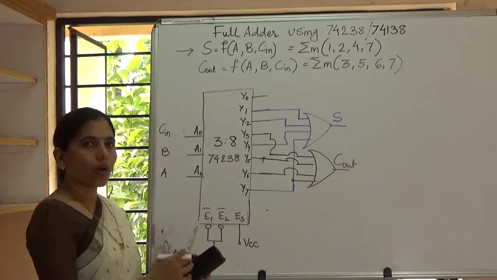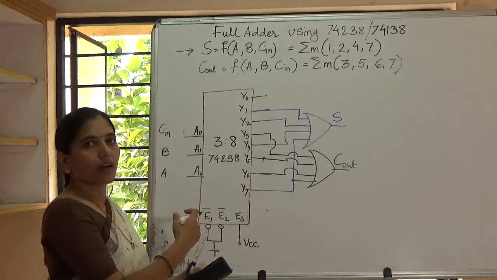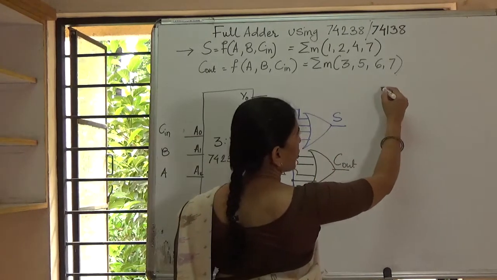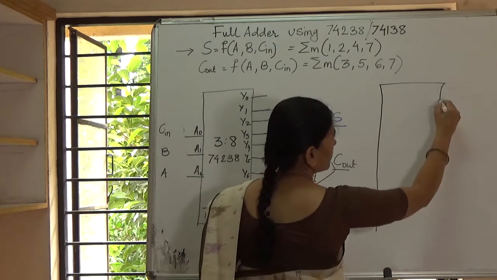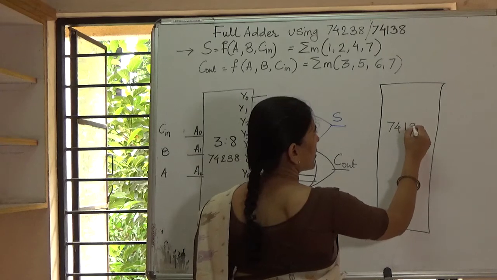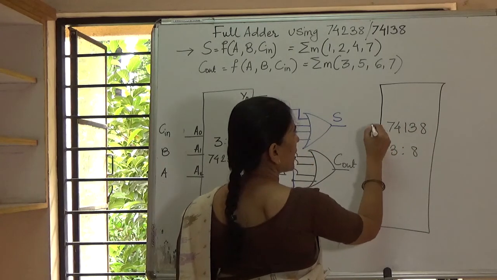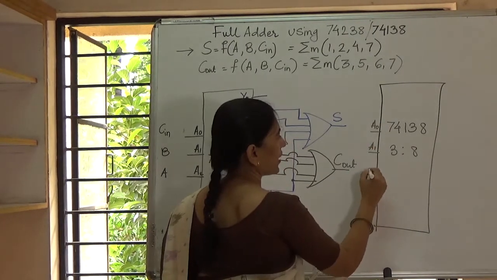What is the change when we choose 74138? So let us draw the schematic of 74138 now. It again has three inputs, A0, A1 and A2.